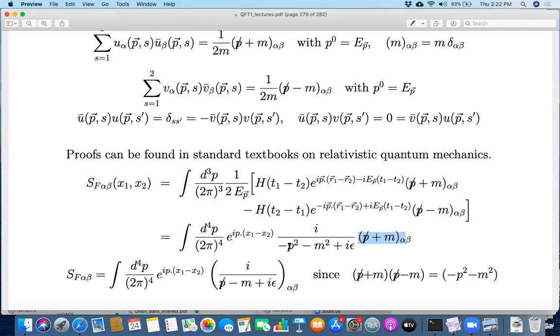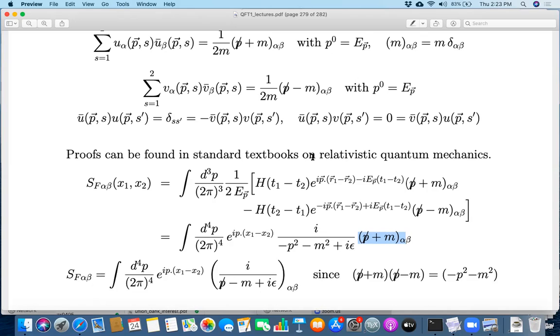So p0 has poles at plus minus E_p with appropriate i epsilon shift. So when you carry out this integral, when t1 is larger than t2, for example, then you can show that in order for this to be convergent, you have to close the contour in the lower half plane. And when t1 is less than t2, you have to close it in the upper half plane.